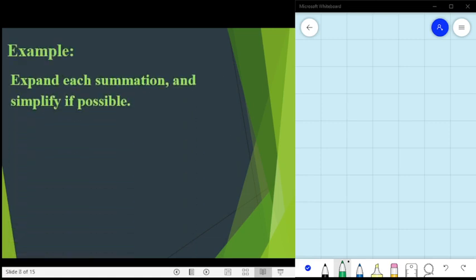So for example, we are going to expand each summation and simplify if possible. If we have the summation of 3i minus 1, wherein i runs from 1 to 4, that means we have to substitute the i with 1 until 4.